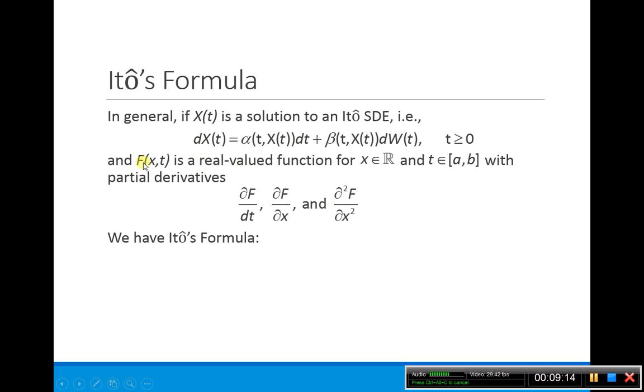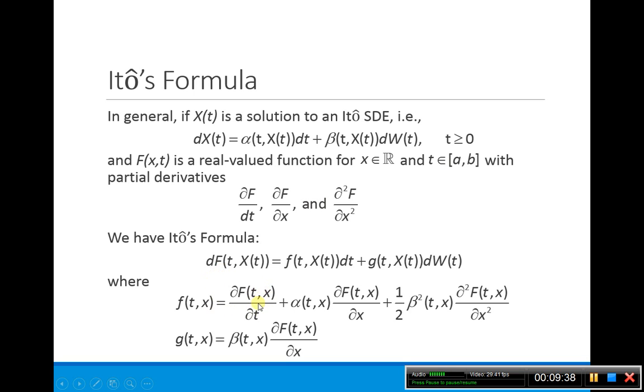So if f of x, t is some real-valued function on a, b, and we know the partial derivatives exist, then Itô's formula tells us that the differential for f of x is little f dt plus little g dW, where little f is defined to be the partial with respect to t, plus alpha times the partial with respect to x, plus 1/2 beta squared times the second partial with respect to x. And our g is just our beta times the partial of f with respect to x.